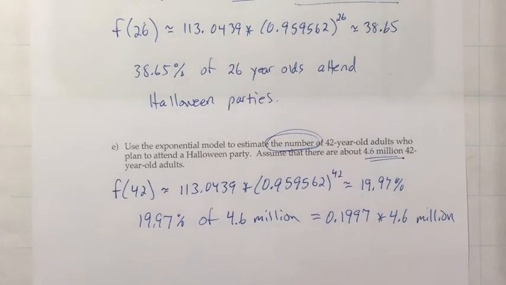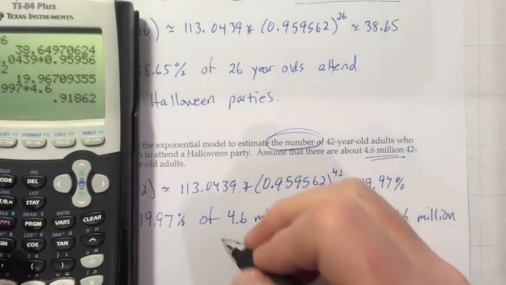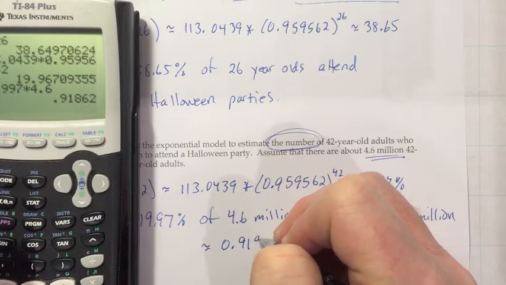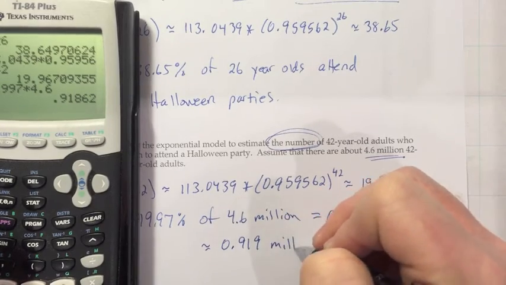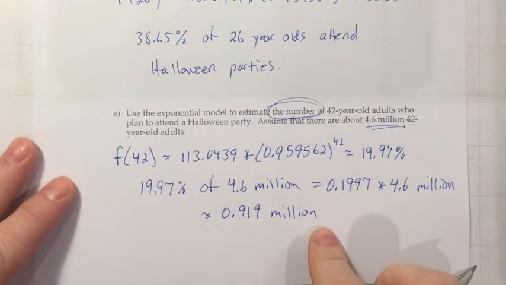And I'll do that multiplication on the calculator. That's 0.1997 times 4.6. And we get about 0.919 million. And now we're in that situation that I think is a little weird, where we're talking about it in millions, but we have less than a million.